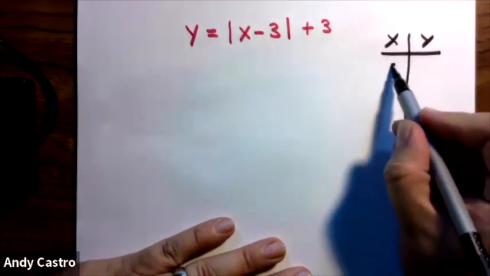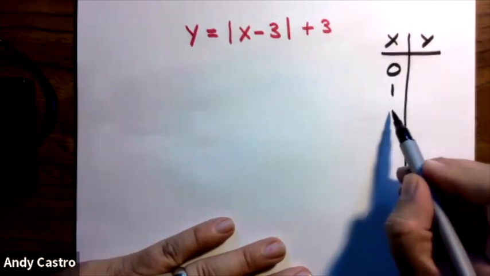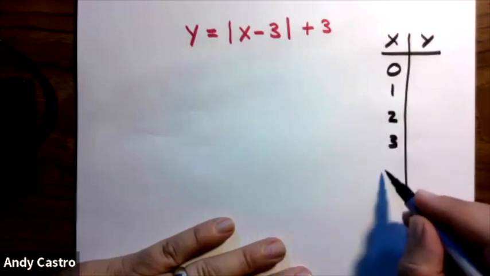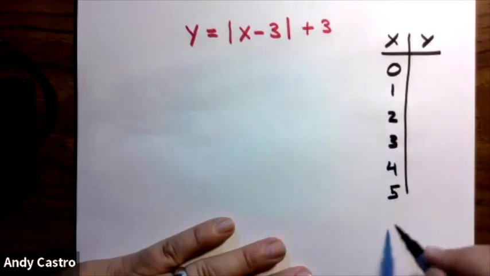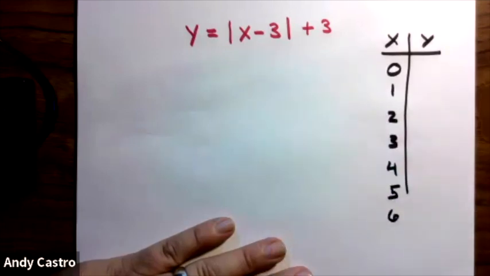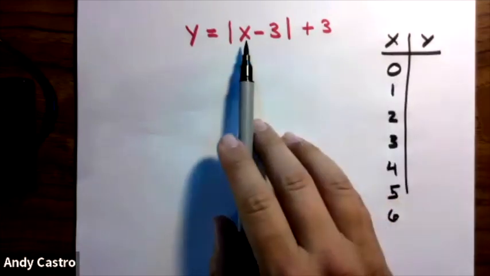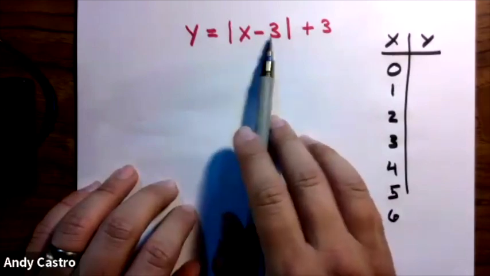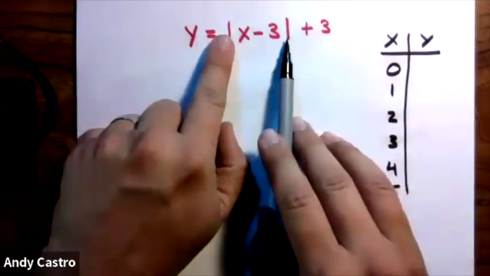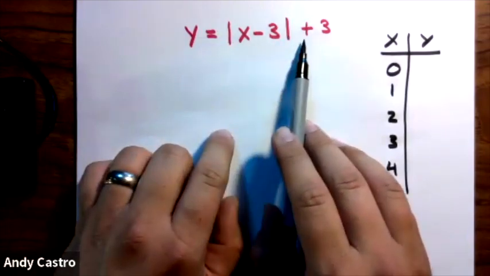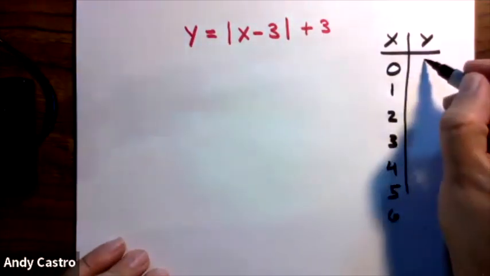I'm going to plug in 0, 1, 2, 3. Now, instead of going negative, I'm going to plug in 4, 5, 6 because I want to show you something here. If I plug in 0, 0 minus 3 is -3. The absolute value of -3 is 3, and 3 plus 3 is 6.